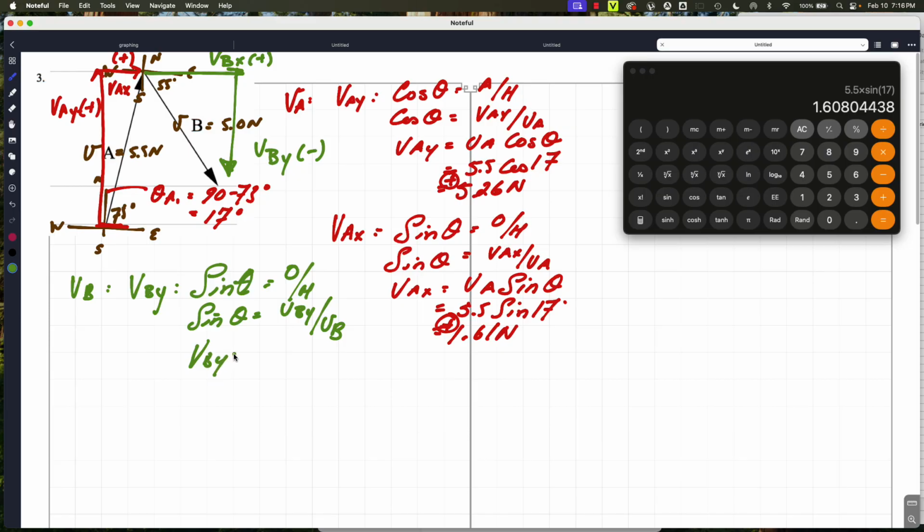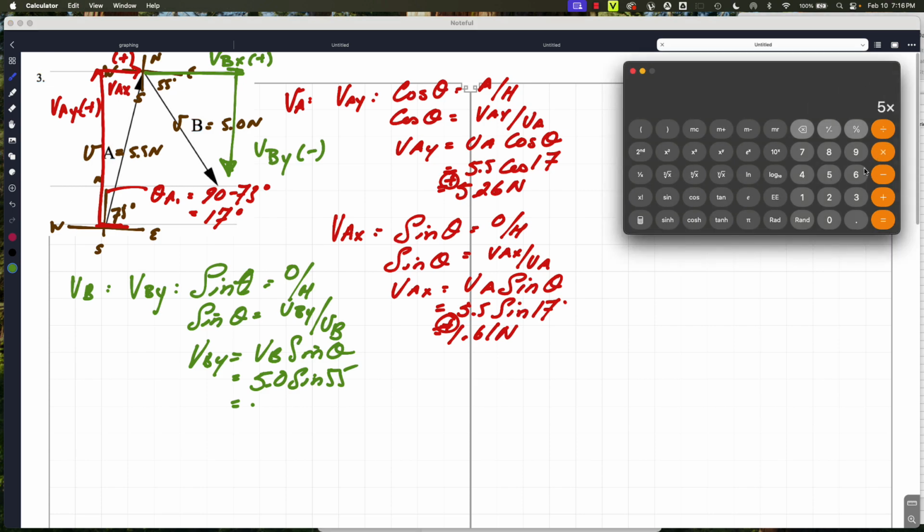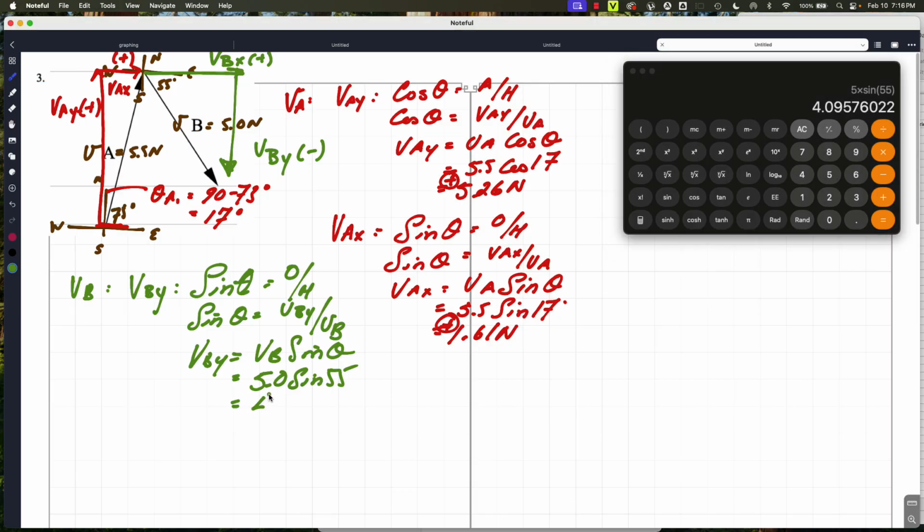Therefore, VBY is going to be VB sine theta. The value of VB is 5.0 sine 55. 5 times 55 sine is approximately 4.1 newtons.